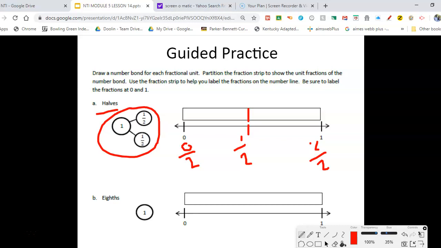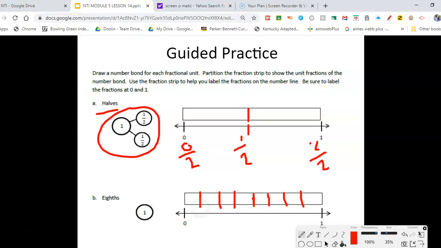Now let's do the same thing with eighths. If we have eighths, we're going to need 8 equal parts. So we have 4 equal parts now. Now let's partition each of those parts in half. And now we should have 8 equal parts. Let's count and see. 1, 2, 3, 4, 5, 6, 7, 8.